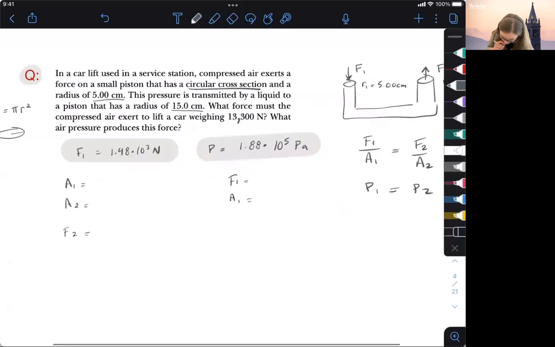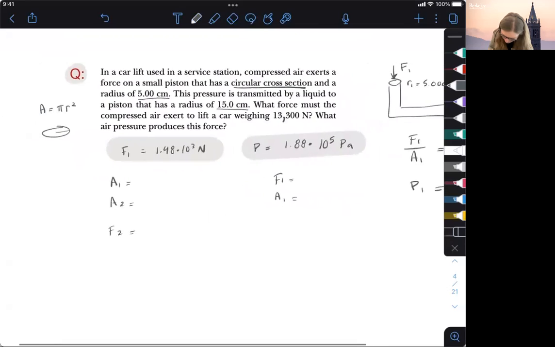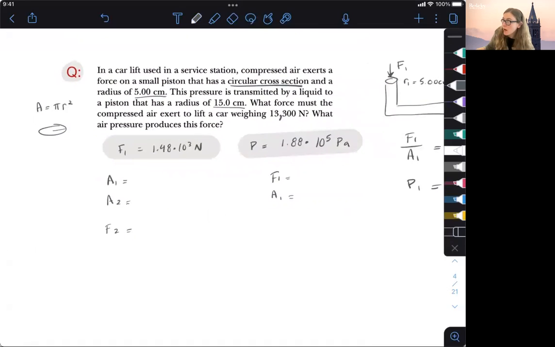Okay. So now I want to find A1 and A2, right? For A1, I'm going to have pi R1 squared, and for A2, I'm going to have pi R2 squared. So that's going to be pi, and then centimeters to meters, so 5 times 10 to the negative 2 meters squared.